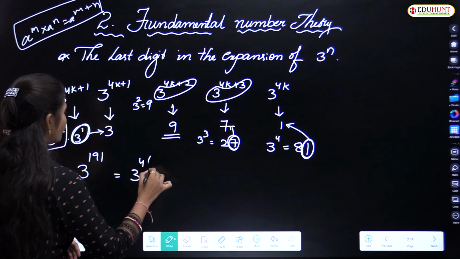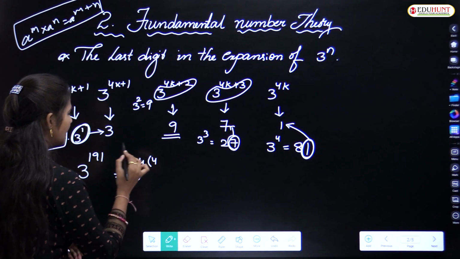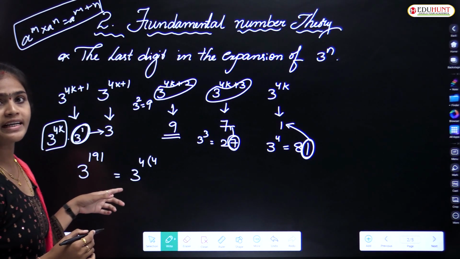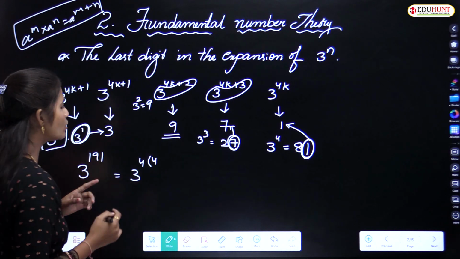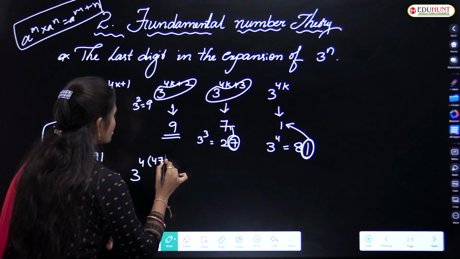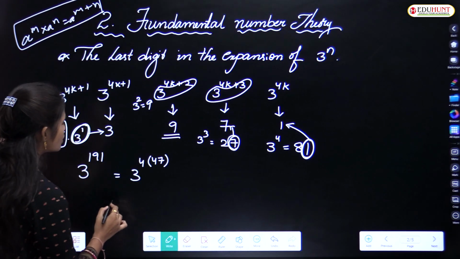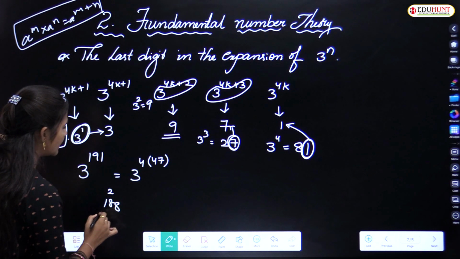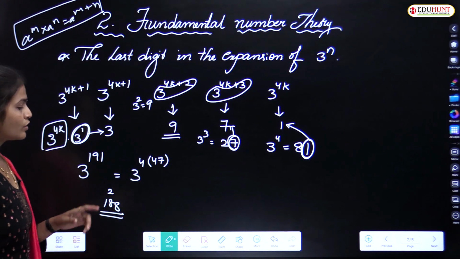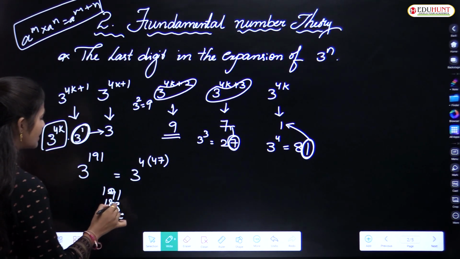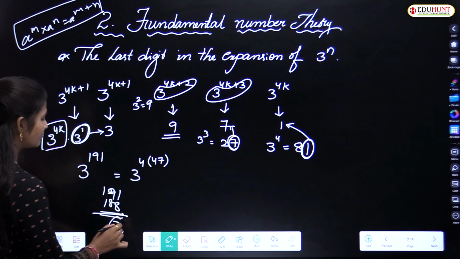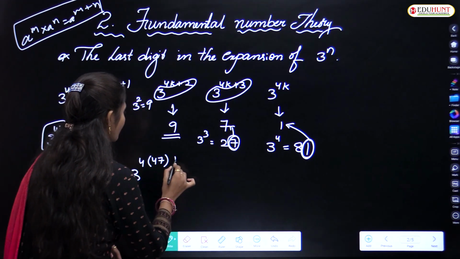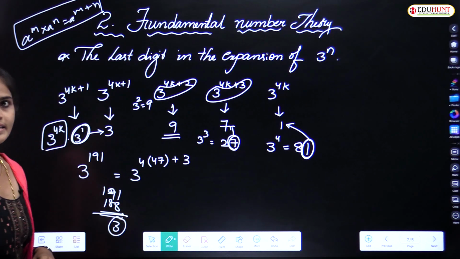So this is 4 into how much? 4 4s are 16, still 31 is there. 4 8s are 32, so you have to take 4 7s, which are 28. So 4 47s are 188. 191 minus 188 is equal to 3, so plus 3. Is it clear?